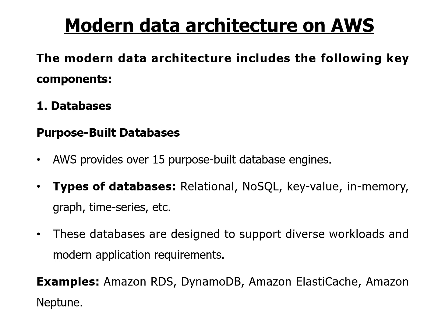So based on your application, based on your data, you can choose your database in AWS, either a relational database or a NoSQL or key value or in-memory, graph, time series, etc. So AWS has databases like Amazon RDS, DynamoDB, Amazon Elasticsearch, Amazon Neptune. These are the various examples for databases in AWS.